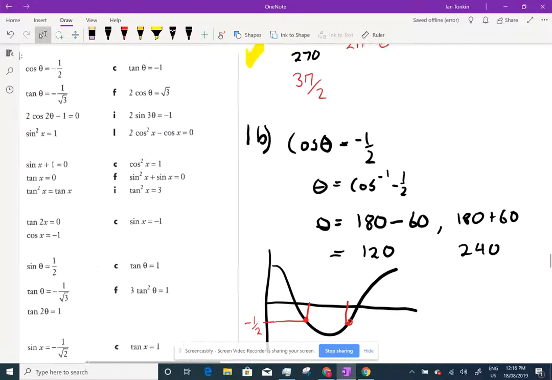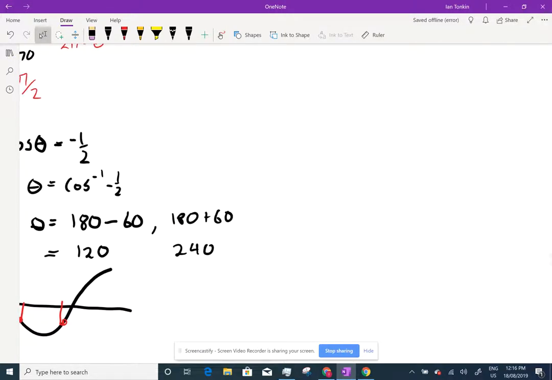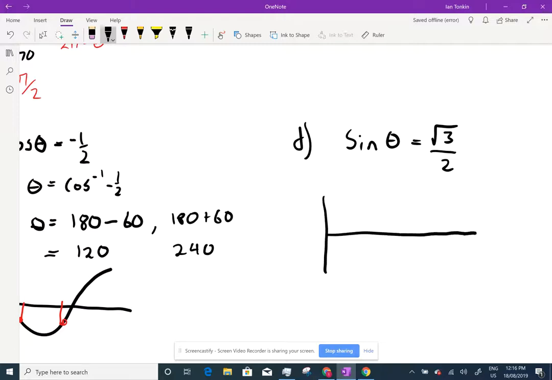So it's pretty easy. Well, let's do D. Sine theta equals √3 on 2. Now we need to find the acute angle, and we're lucky because the acute angle would be what our calculator will give us. There's sine. We know √3 on 2 is a little bit less than 1, so we're going to get one angle there, and one angle there. Now what are they?